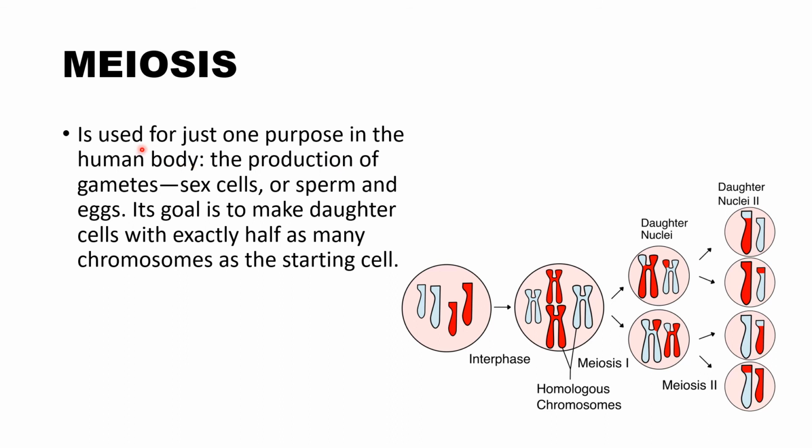In the human body or in the animal, pwede rin basta sa mammals, the production ng gametes, sex cells, yung sperm or egg cell na tinatawag. So, yun yung meiosis. It is used for the production ng sex cells, yung sperm cell and yung egg cell. So, its goal is to make daughter cells which have exactly half as many chromosomes as the starting cell.